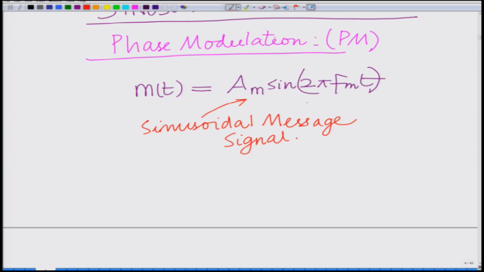We are considering the specific case of a sinusoidal message signal with amplitude A_m, where f_m is the frequency of the sinusoidal message signal.